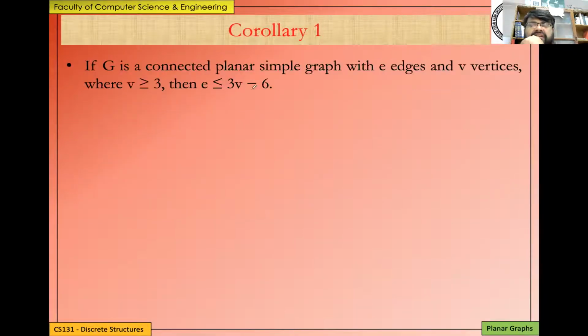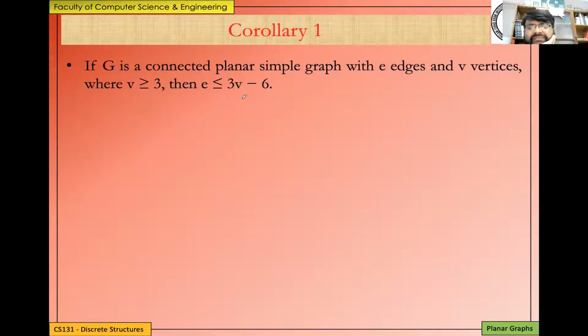So if G is a connected planar simple graph with E edges and V vertices, where V is greater than or equal to 3, then E is less than or equal to 3V minus 6. This is just a corollary: if the number of vertices is greater than or equal to 3, then the number of edges is less than or equal to 3 times the vertices minus 6.